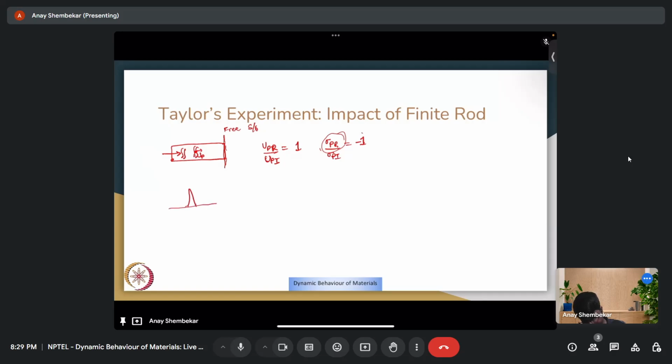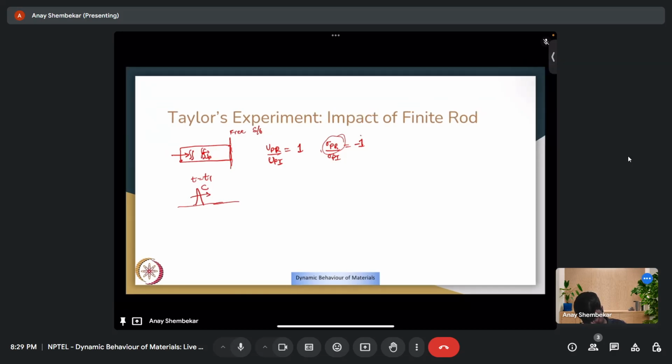This is my incident wave at t equal to t1, going with some velocity u. As we reach the free surface, let this be my particle velocity UP. At t equal to t2, when the wave reaches the free surface, you will have both particle velocities superimposed.